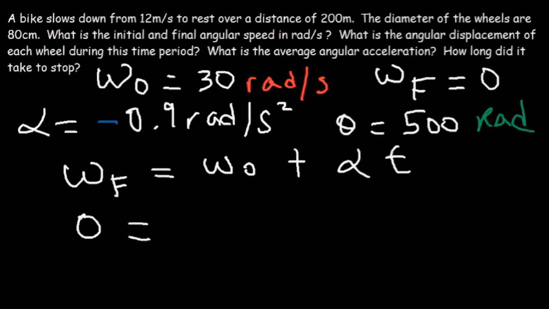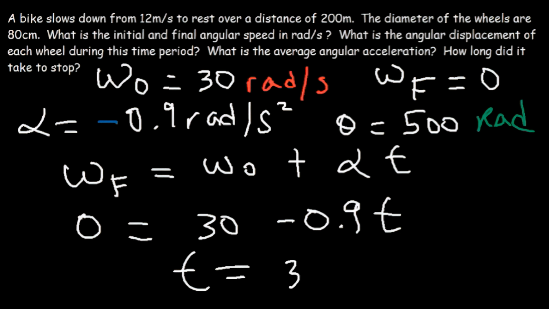The final angular speed is 0, initial is 30, alpha is negative 0.9, so let's solve for t. If we move the 30 to the other side, it's going to be negative 30 divided by negative 0.9. So it's going to take 33.33 seconds for the bike to come to a complete stop.